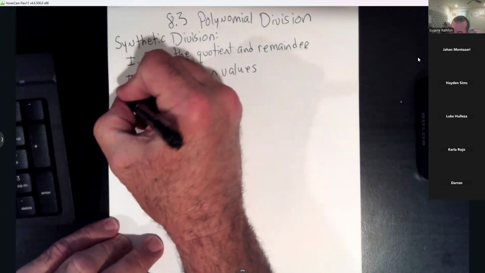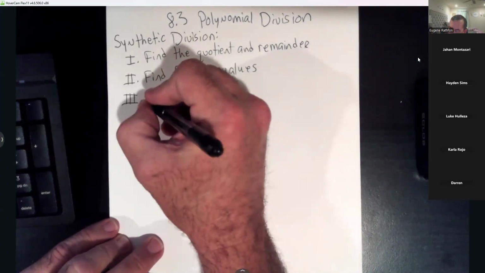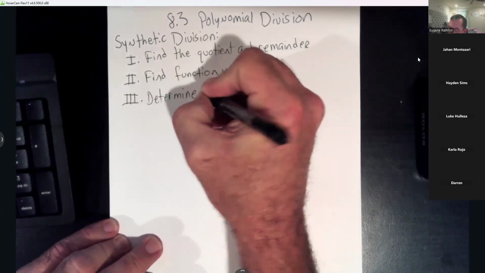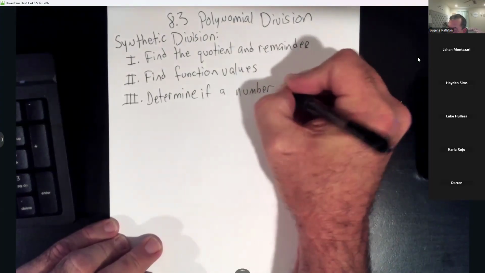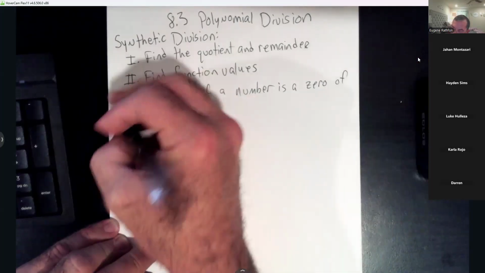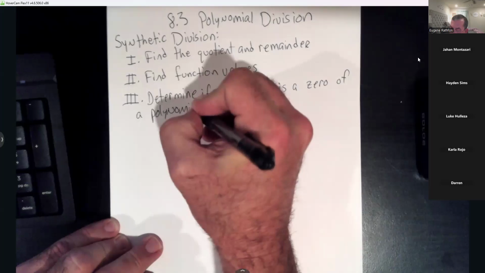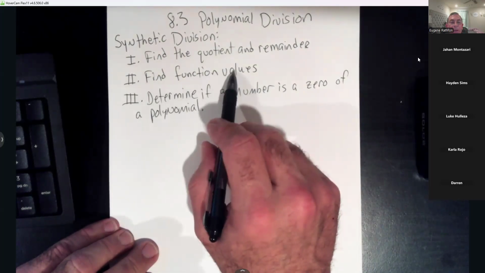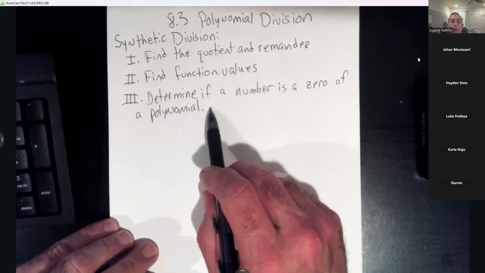And then the third thing we'll use it for is to determine if a number is a zero of a polynomial. So, y'all, we will use it to find function values, and we will use it to determine if a number is a zero of a polynomial.